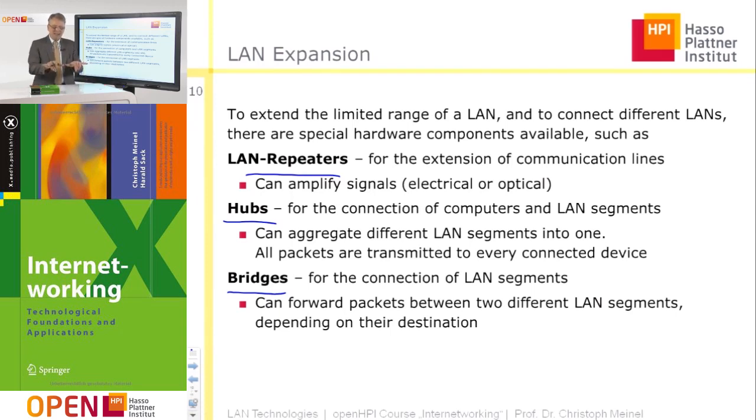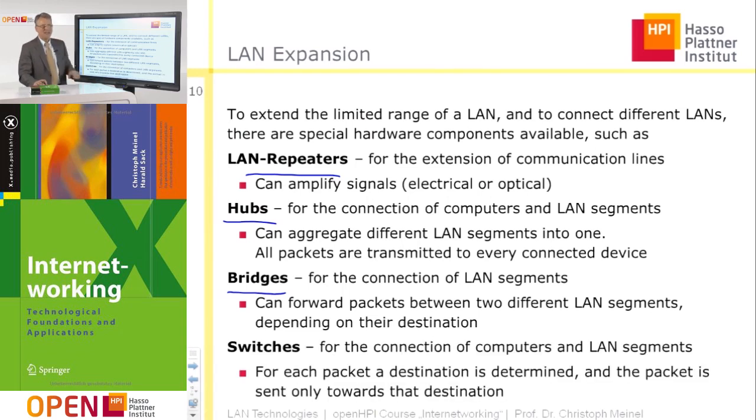When we have different segments, then we can have different broadcasting in different segments. And by means of bridges, one can interconnect such different segments. The bridge only transmits a packet into the other segment if the receiver of this packet is really part of the other segment. If the receiver of the packet is inside one segment, then the bridge does not forward this packet to the other segment.